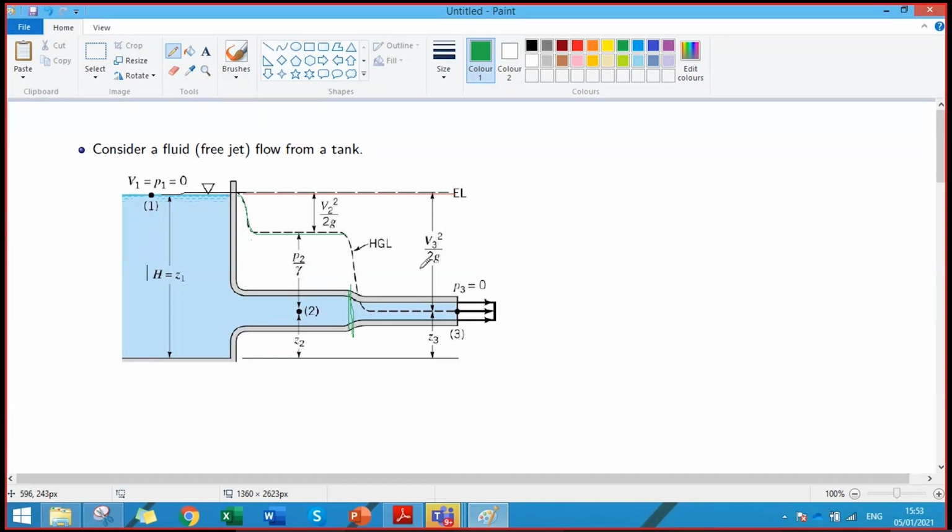So the static pressure will further drop, so the energy grade line will stay and the hydraulic grade line will start dropping till we reach this exact point where the static pressure is 0 and we will only have the elevation head and the velocity head equal to the total head. So the hydraulic grade line will again remain horizontal. Is it clear? Yes, sir. Yes. Any question on the hydraulic grade line or the energy grade line?